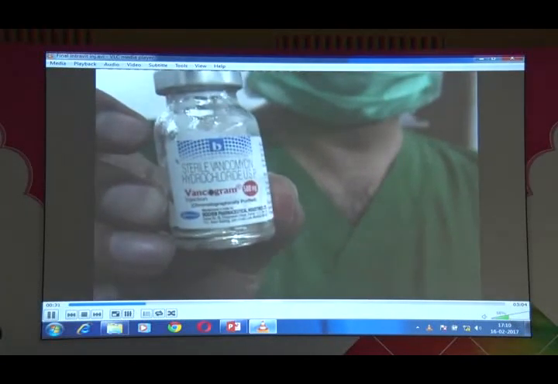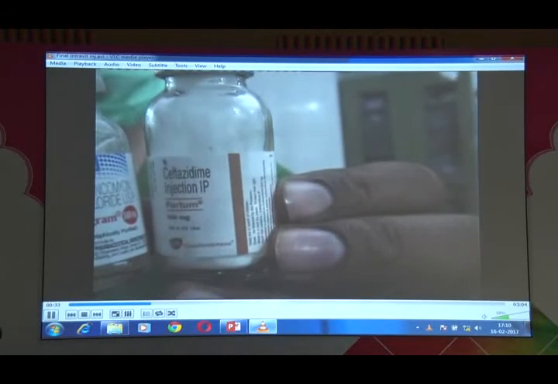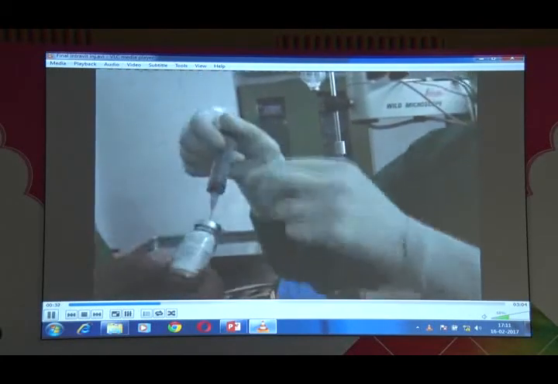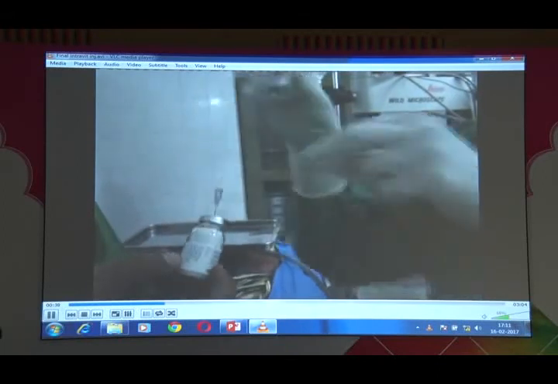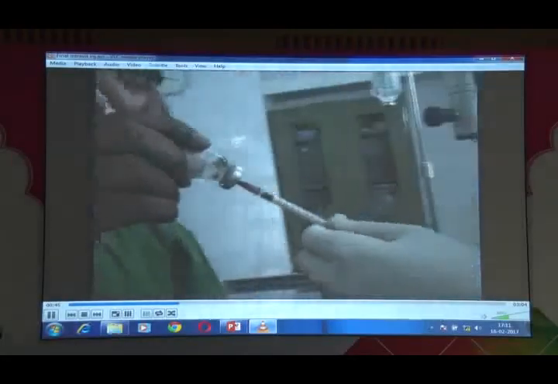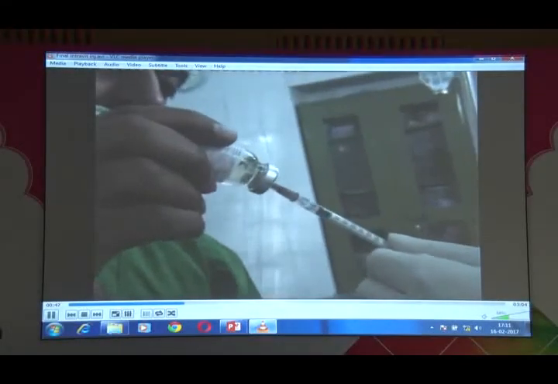Similarly, ceftazidime is reconstituted. So this is a 500 milligram vial. So we will inject about 2.2 ml of distilled water to reconstitute. So after shaking this vigorously, once they have dissolved and it's a homogeneous solution, we withdraw 0.1 ml.